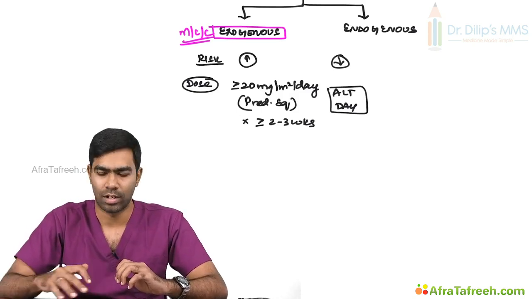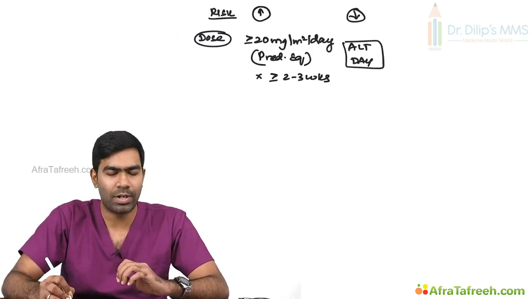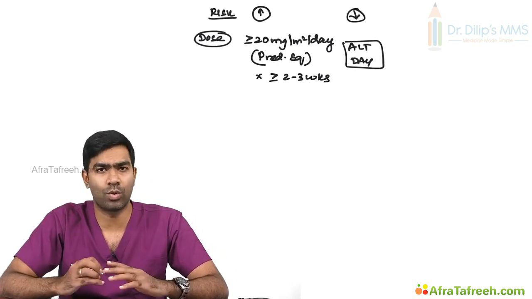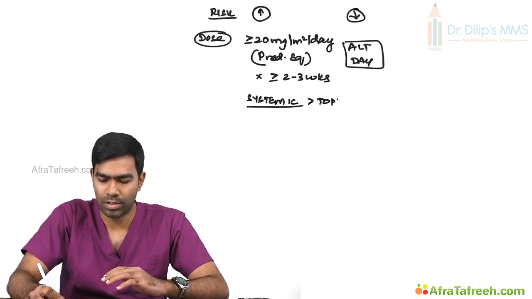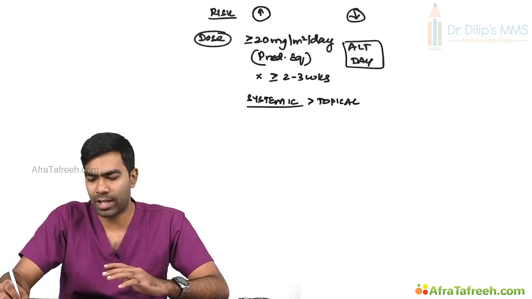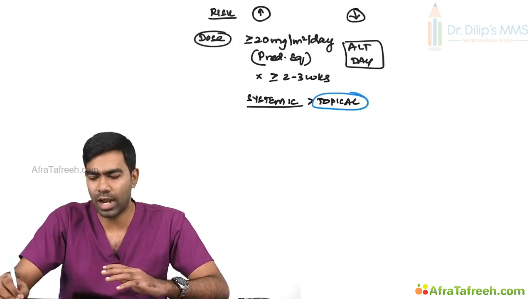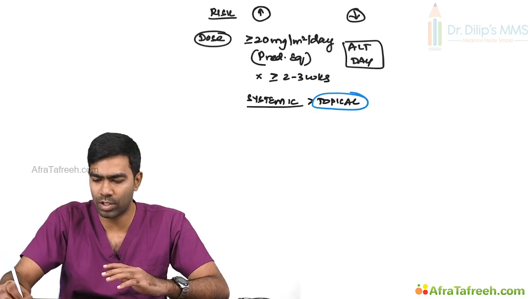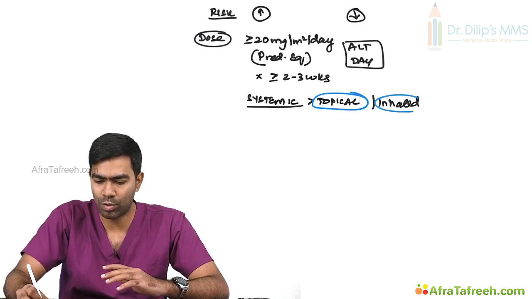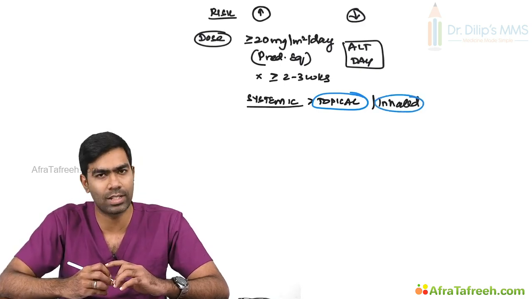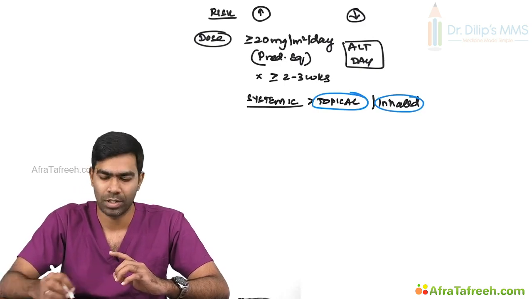Exogenous steroids causing Cushing syndrome is more common with systemic steroids compared to topical steroids. But the take-home point is that even topical and other local steroids, like inhaled steroids, can also result in Cushing syndrome. That's a very important point. Even though the risk is less, it is still there.